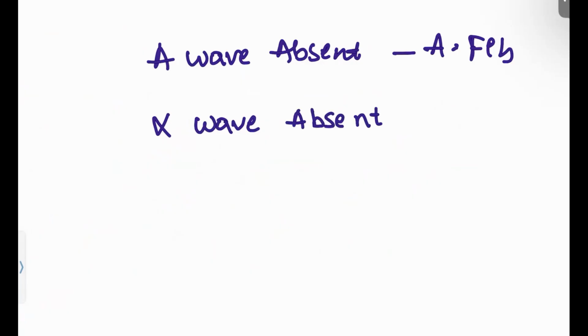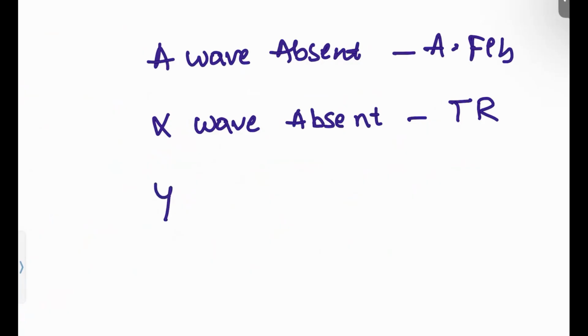So if these waves disappear or change, what are the specific conditions? If the A wave is absent, then it is your atrial fibrillation. If the X descent is absent, this is a condition like tricuspid regurgitation.